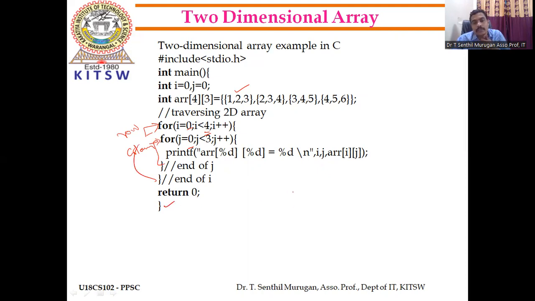After executing it, what will it print? It prints i, j, and the array value at i, j. First, a[0][0] is printed, whatever value you gave, here 1. Then a[0][1], because the j value is incremented, not the i value. Then the indices go 0 2, 1 0, 1 1, 1 2, 2 0, 2 1, 2 2, and 3 2 will be the last.